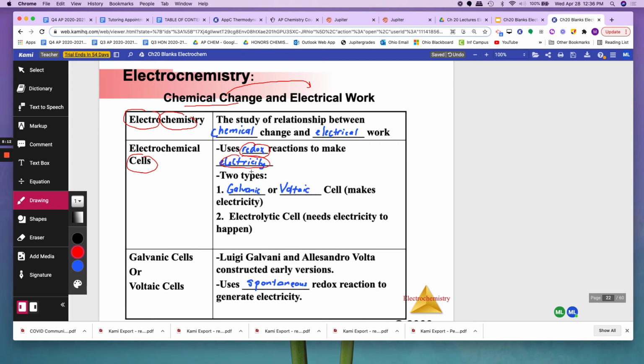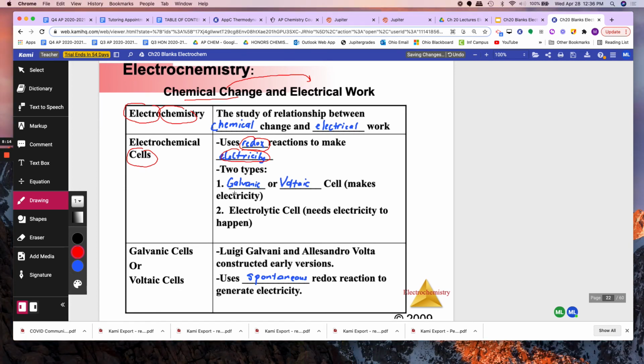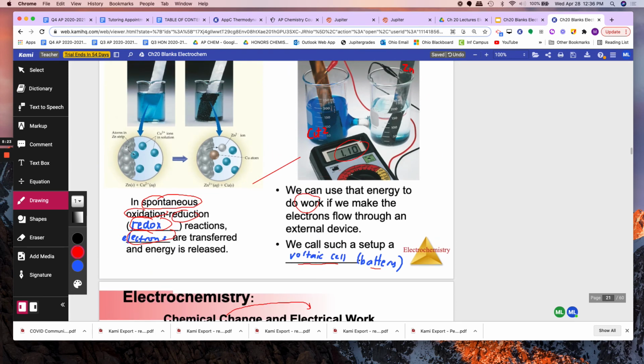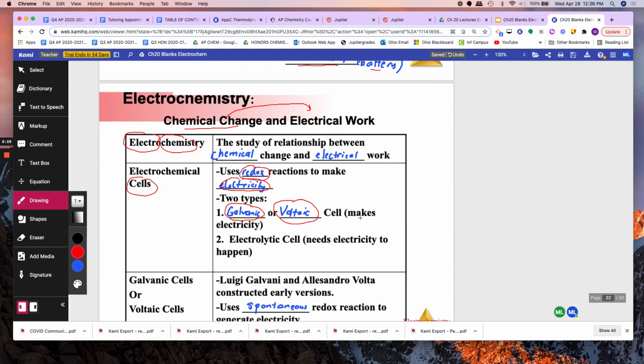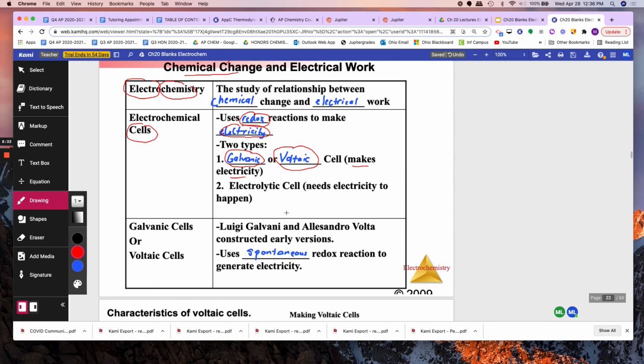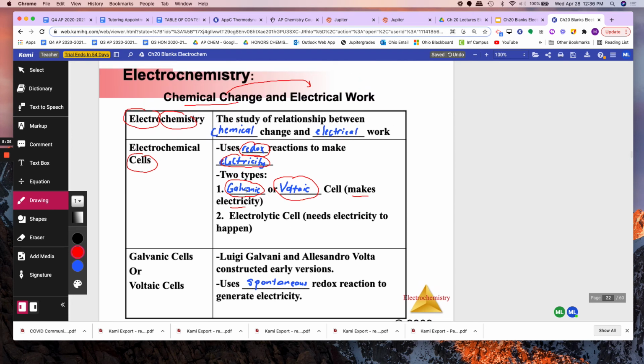Now we have 2 types of electrochemical cell. The first type is called a voltaic cell. Sometimes they call this galvanic cell. What we've been talking about is called a voltaic cell or a galvanic cell, and it makes electricity. The reason they call those galvanic or voltaic is because of 2 scientists, Luigi Galvani and Alessandro Volta, who constructed early versions of this battery or cell.